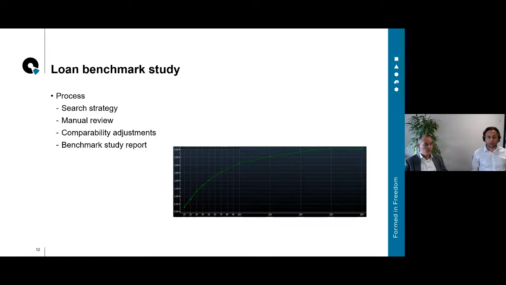So examples are floating to fixed swaps, where you turn a floating interest rate into a fixed interest rate, but also currency swaps, and there are more examples, but maybe a little bit too much for discussion today. And obviously, as always, you have to write things down in a TP report for your defense line.